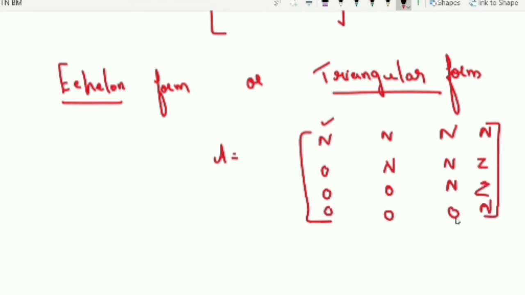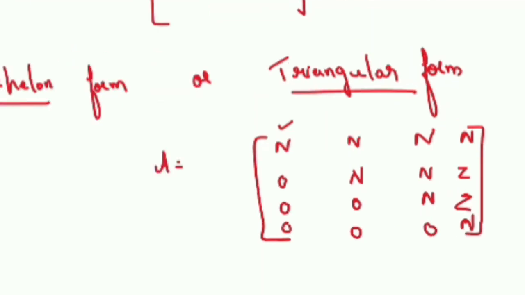So this is called the echelon form. This is the first non-zero element of the first row, called the pivot element. Below that you should have all zeros. The second row, this is the pivot element. Below that you should have all zeros. Similarly, the third row, this is the pivot element. Below that you should have zeros. So that's what it says.